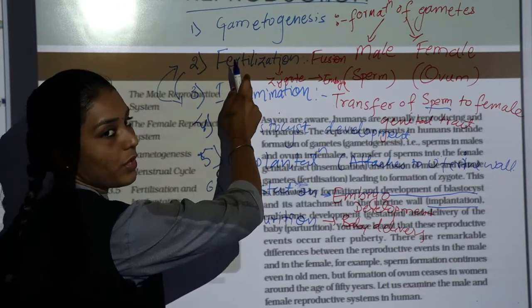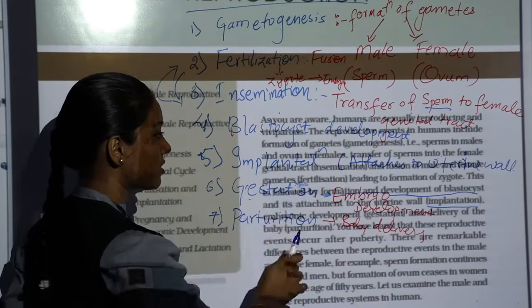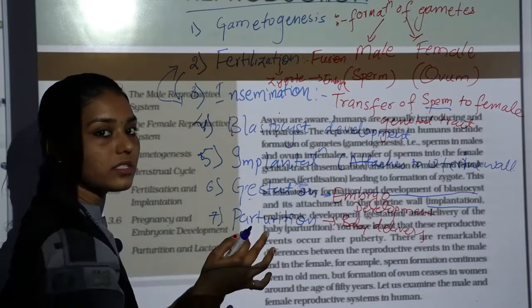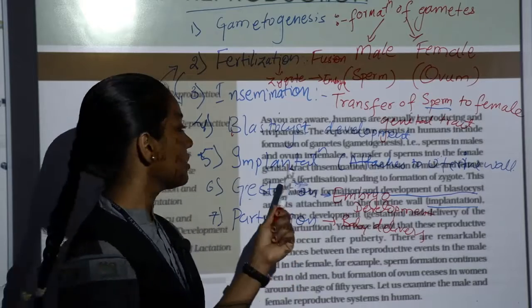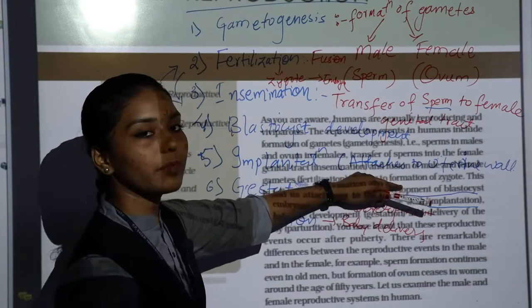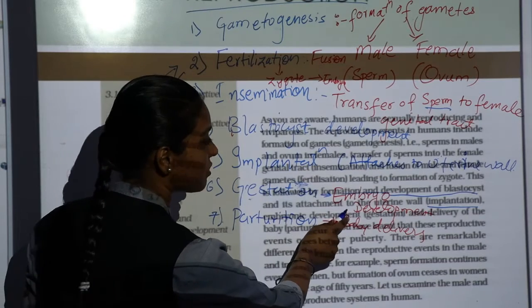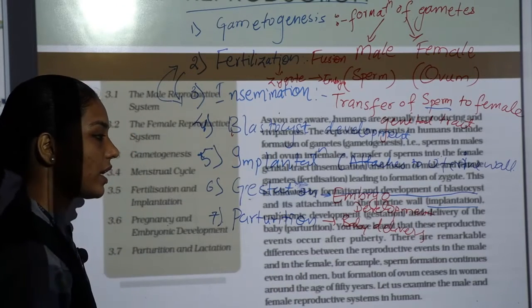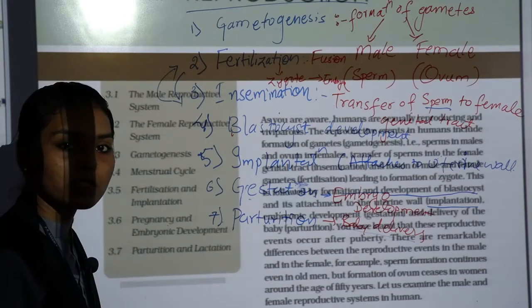Once the fertilization process is over, blastocyst development occurs. After that, implantation, where the cells grow and get attached. Then comes the gestation period, when the embryo starts developing at the uterine wall, and then parturition. Parturition is when the baby is delivered, that is the last one.